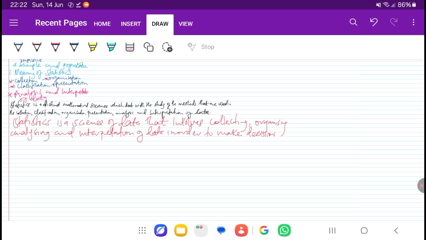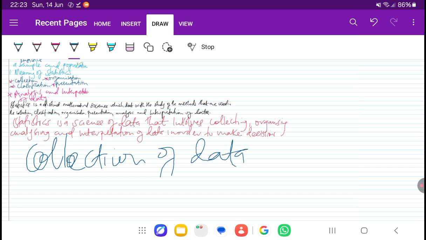So the moment you talk about statistics, just know it's not a one-way aspect. It's like a process whereby you collect data. There is what we call data collection. You can collect data through maybe surveys.